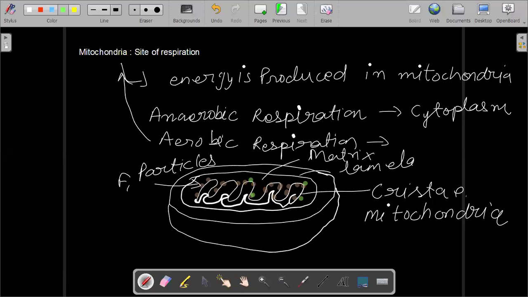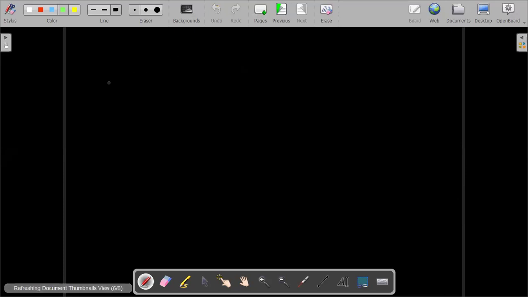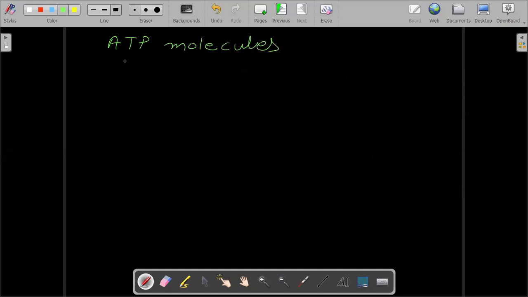See how energy works inside the cell. Inside the cell, energy works in the form of phosphate molecules. So ATP molecules are called the energy currencies. ATP stands for, can anyone tell the full form of ATP?